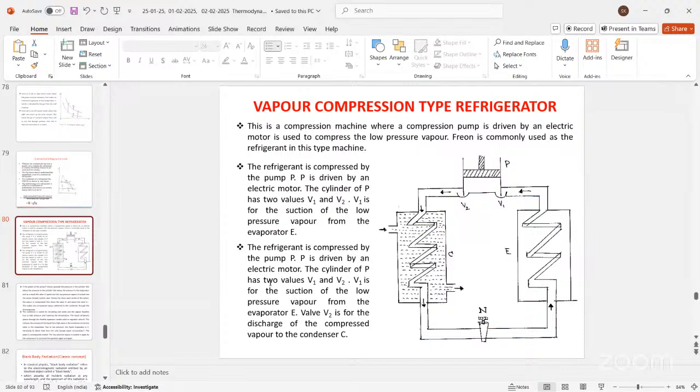The cylinder of P has two valves, V1 and V2, and here V1 is for suction of the low pressure, low temperature vapor from the evaporator E. And the valve V2, what will happen? The valve V2 is for the discharge of the compressed vapor to the condenser C.